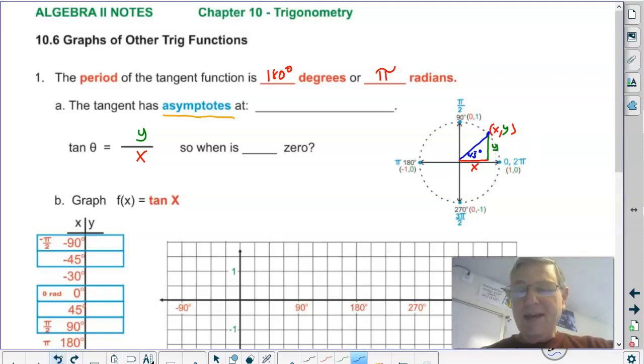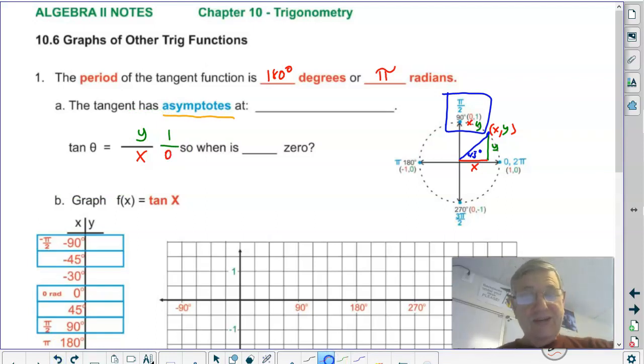Not 0. Let's take a look at 90 degrees, right? 90 degrees. So notice our x is 0 and our y is 1. So at 90 degrees, when you come over here, now let's look back over here again, your y is a 1 and your x is a 0.